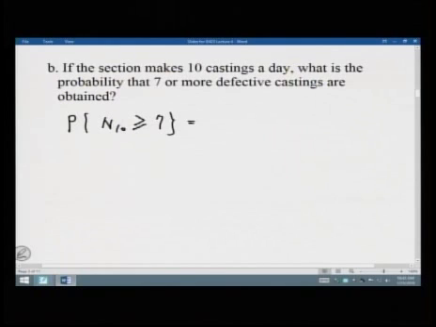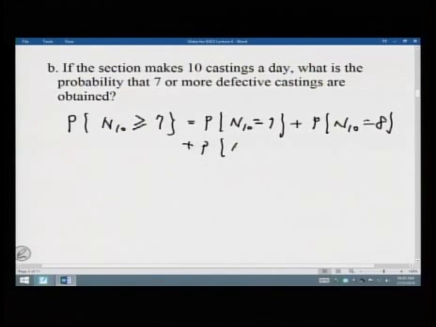So what is this? Probability N sub 10 equal to 7 plus probability N sub 10 equal to 8 plus N sub 10 equal to 9 and then N sub 10 equal to 10.